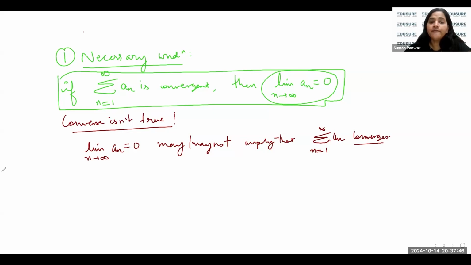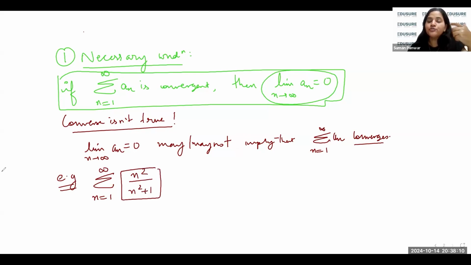So if the series converges, then the limit as n goes to infinity of a_n has to be equal to 0. For example, if you get this question, sigma n going from 1 to infinity, n square upon n square plus 1. The first step is to check what is a_n, the general term of the series. Here it is n square upon n square plus 1.